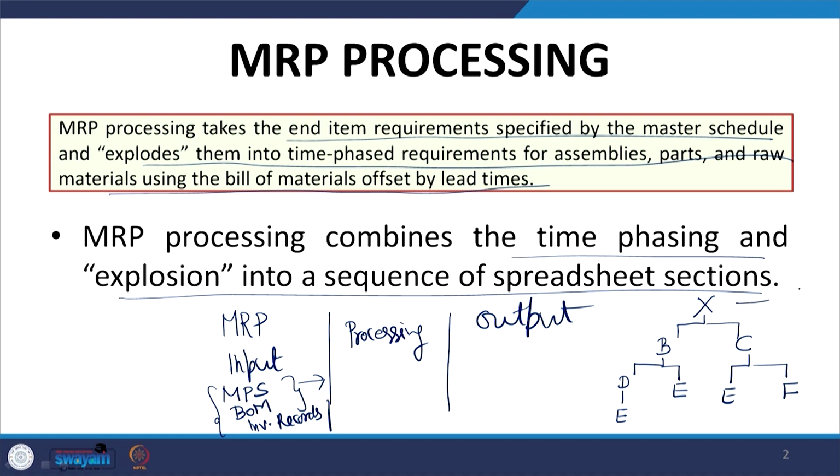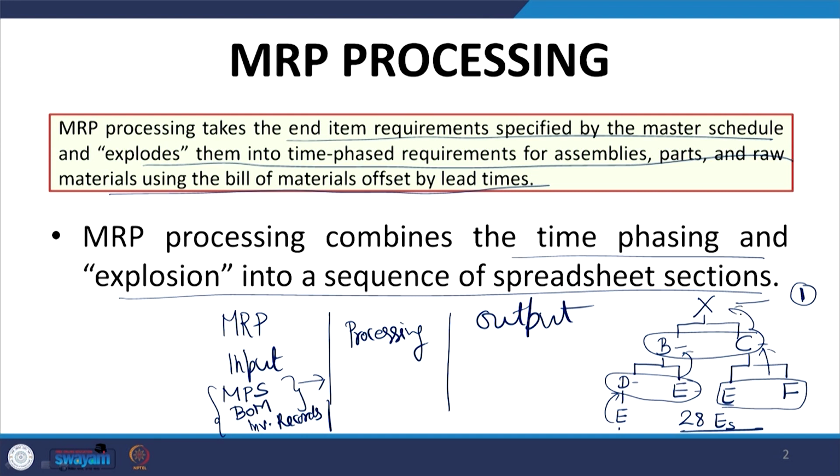Now, for making 1 unit of X, we require different units of D's, E's, F's, etc. You remember that in our last case, for making 1 unit of X, we required 28 E's, and these 28 E's are again required at different times, because the assembly of E and F is required for C, assembly of E is required for making D, and D and E are required for making B, and B and C put together are required for X.